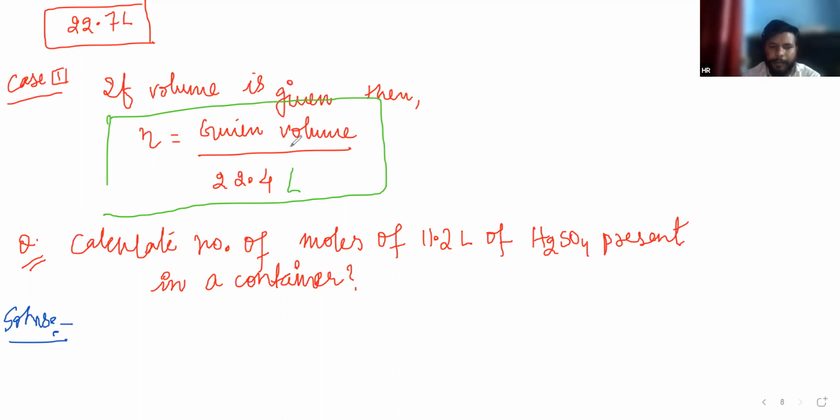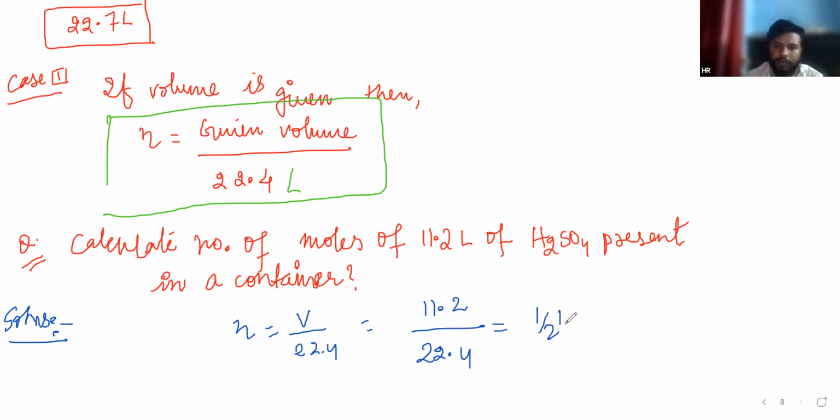Can you solve it? 0.5, very good. Number of moles equals given volume upon 22.4 liter. Given volume is 11.2 divided by 22.4 liter is equal to half moles.